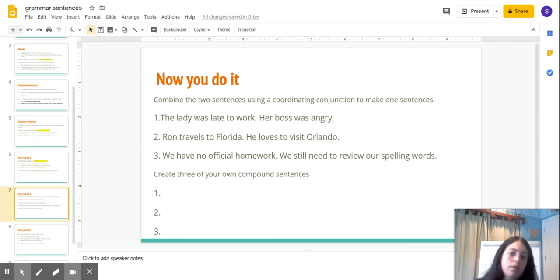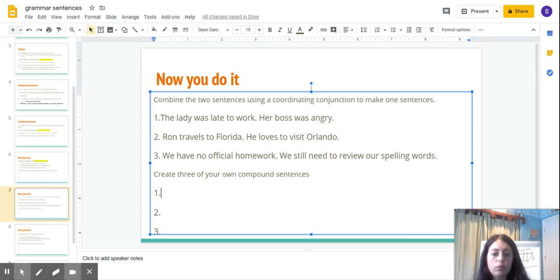So and, but, so, for, all those with a comma to make 1 sentence. So the lady was late to work. Her boss was angry. So those are 2 complete sentences. Combine them with a coordinating conjunction, whichever one you think works best to combine with a comma. And then you're going to create your own 3 compound sentences.